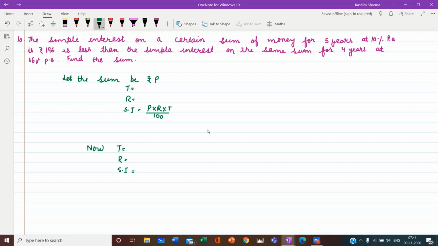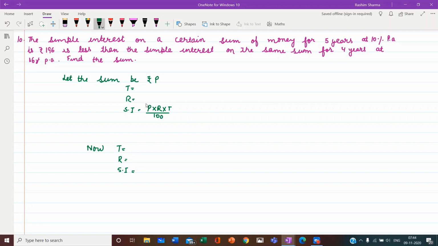Question number 10. The simple interest on a certain sum of money for 5 years at 10% per annum is rupees 196 less than the simple interest on the same sum for 4 years at 16% per annum. Find the sum. So we will suppose here let the sum be rupees P, because this is the principal.